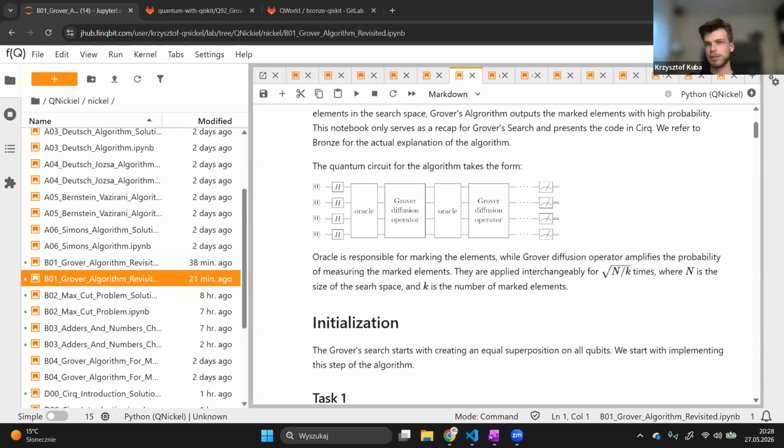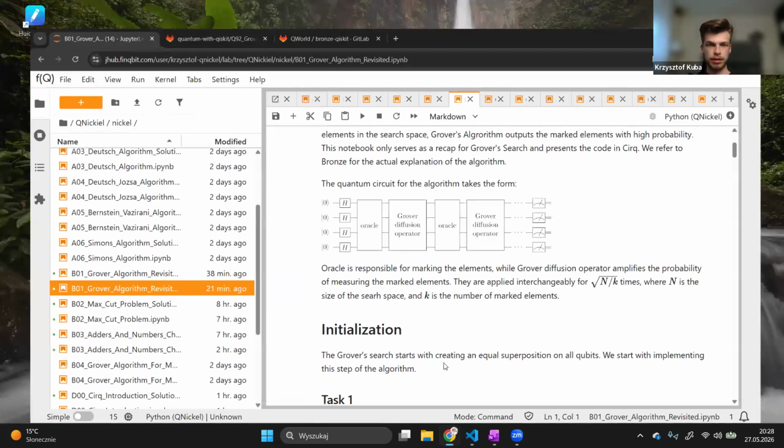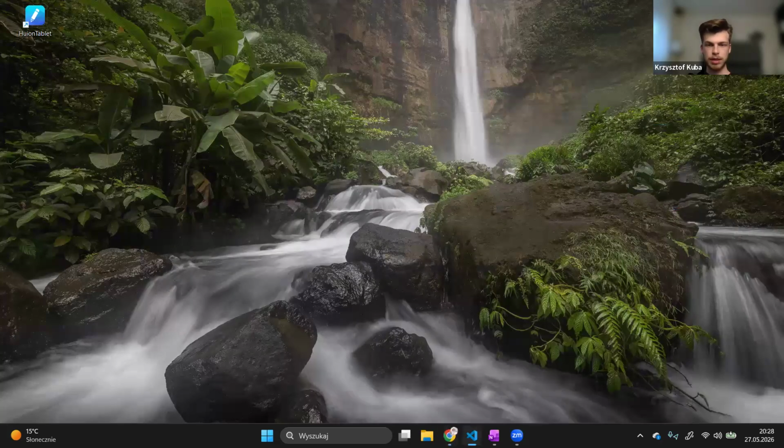Okay, if not, can more number of qubits increase the resolution? The more qubits increase, let's say, the available keys you have. So if you have, let's say 10 qubits, right?